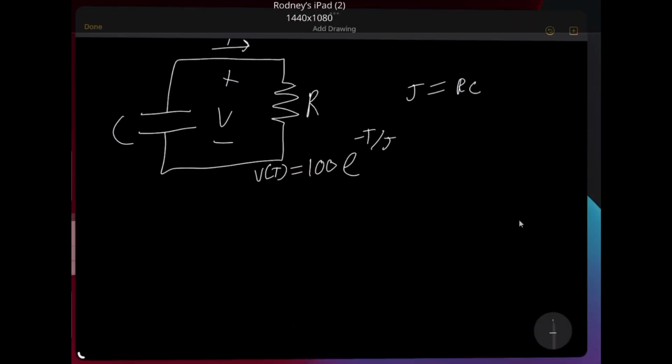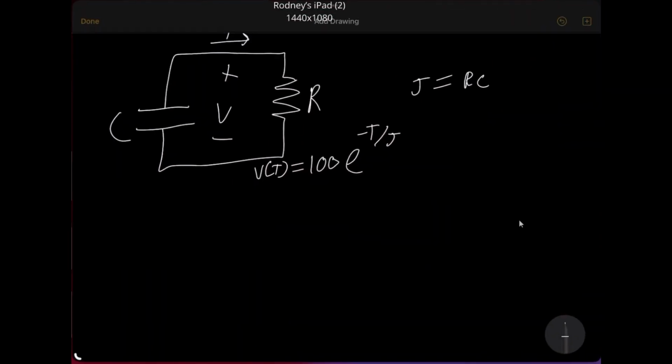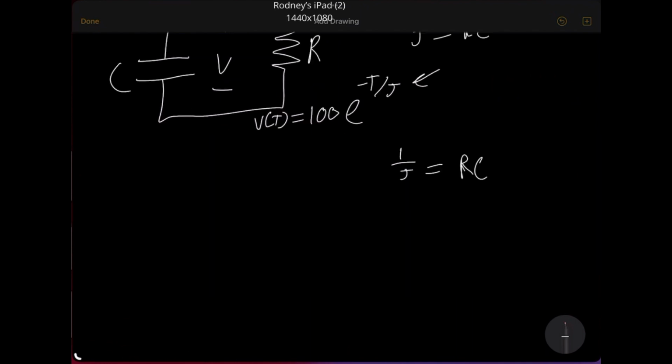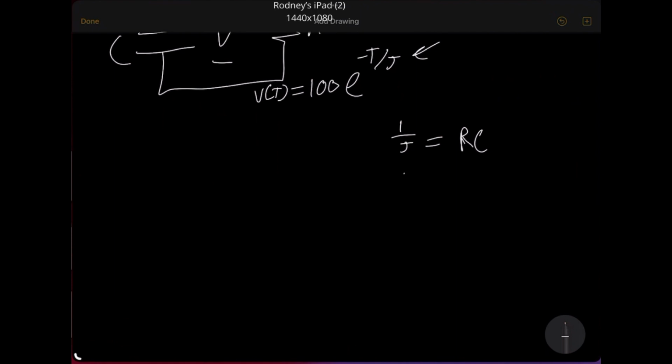And our tau, we're going to set up as shown, because tau is being divided up here. So 1 divided by tau is equal to RC, and the reciprocal of the other side is going to be tau. Okay, we're going to grab the reciprocal, 1 over RC.